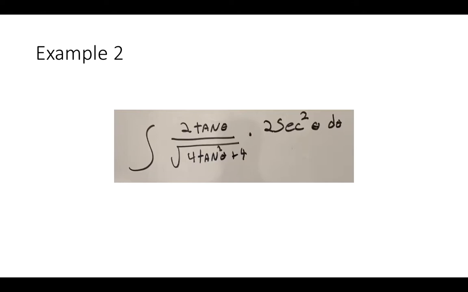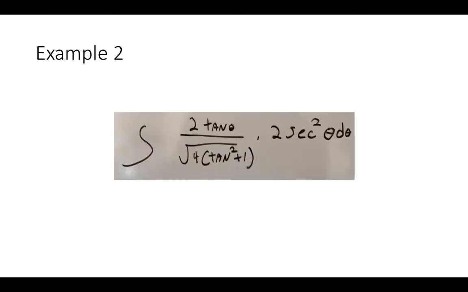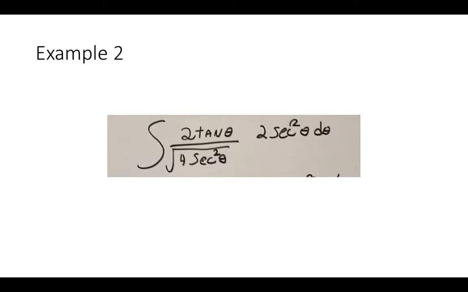So let's first start off by taking the 4 out from the 4 tan squared theta and the plus 4. Now we are left with 4 times tan squared theta plus 1. And if you know your relationships, you know that tan squared theta plus 1 is equivalent to secant squared theta.